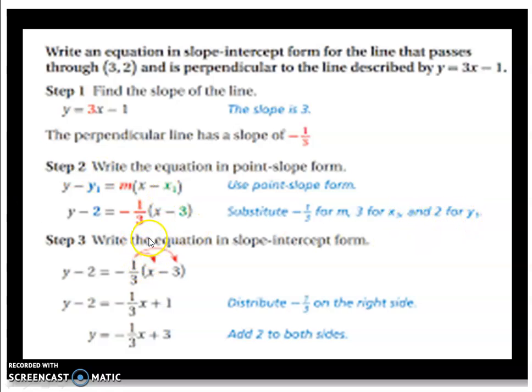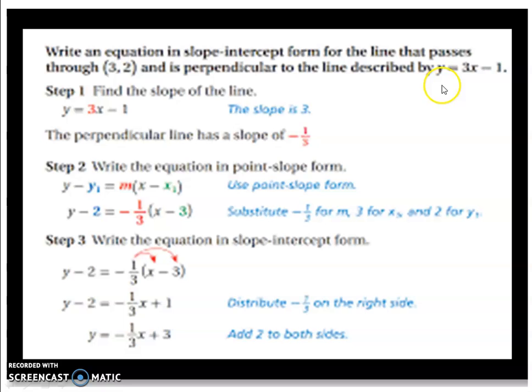Step number 3, we multiply minus 1 upon 3 with the bracket, x minus 3. Minus 1 upon 3 into minus 3 gets cancelled, giving plus 1. So y minus 2 is equal to minus 1 upon 3x plus 1. Minus 2 goes to the other side, it is 2 plus 1. So y is equal to minus 1 upon 3x plus 3.